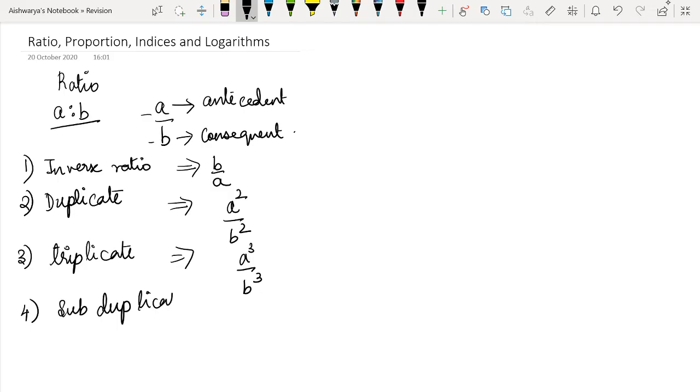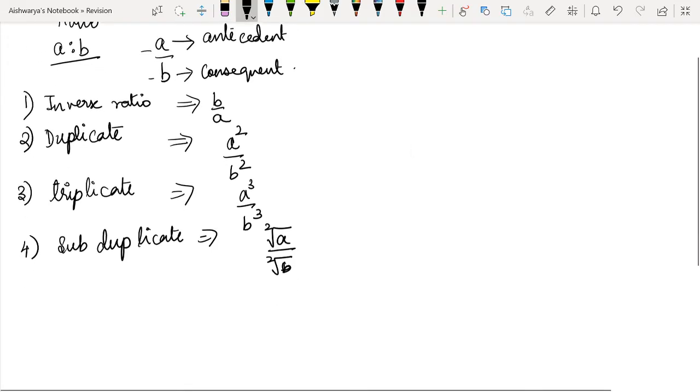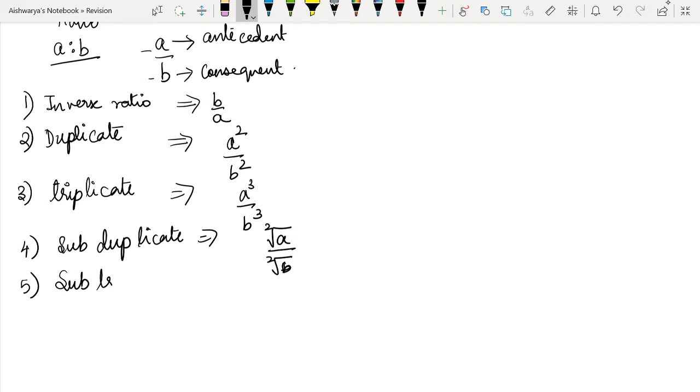The word subduplicate indicates that we will find the root of it, root A by root B. Root means square root here. Then next we have subtriplicate ratio. In subtriplicate ratio, what we do is cube root of A divided by cube root of B.